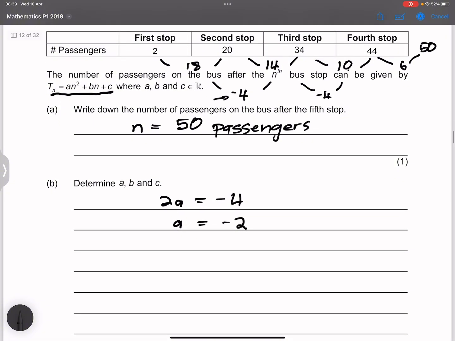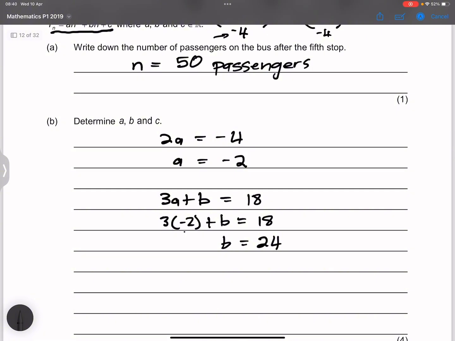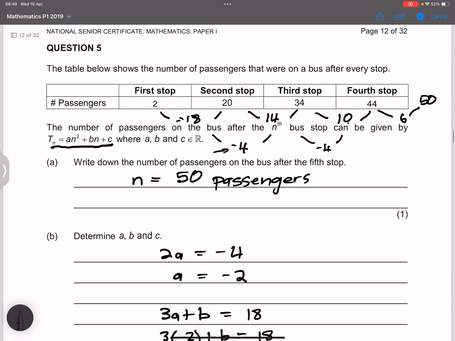And then to get b, we say 3a plus b will give us the value of the first difference. So 3a plus b gives us 18, but we already know that a is -2, right? Plus b, this will equal to 18. So the value of b will be equal to, now if I take the -6, 3 times -2 is -6, over to the other side, that will give me 24, okay? And to get the c value, we say a plus b plus c gives us our first term, and our first term was 2.